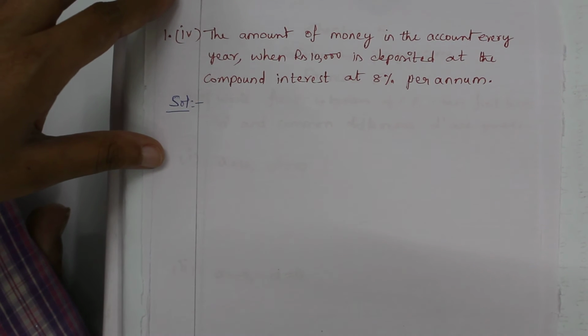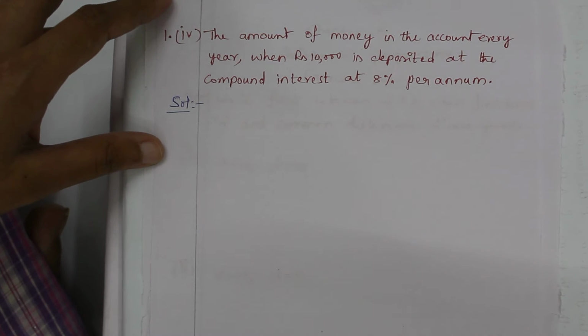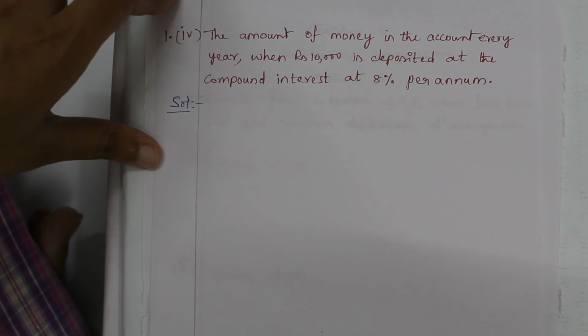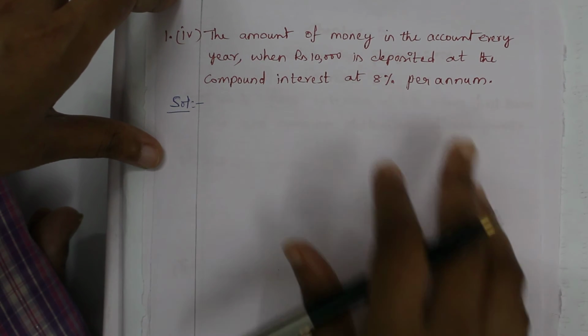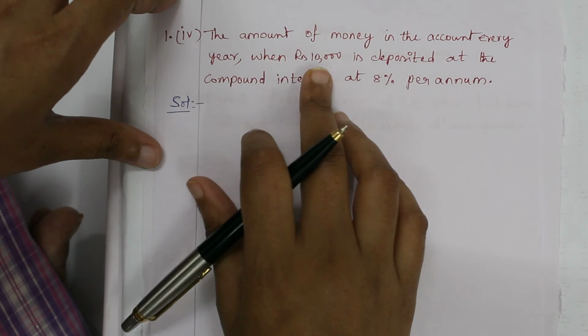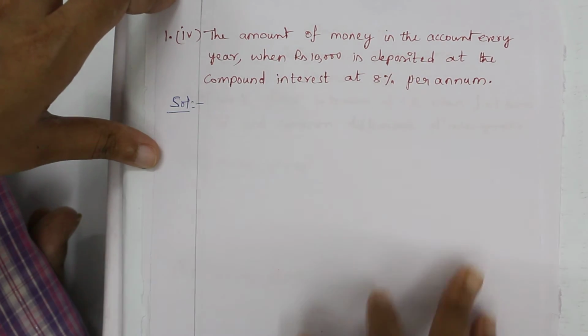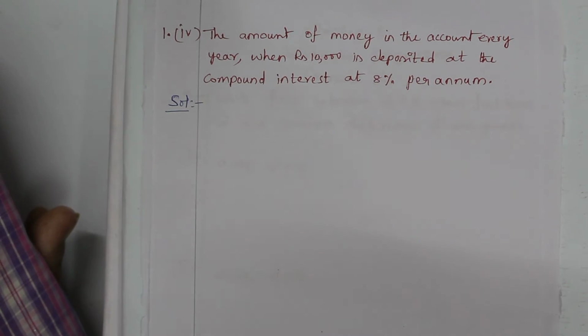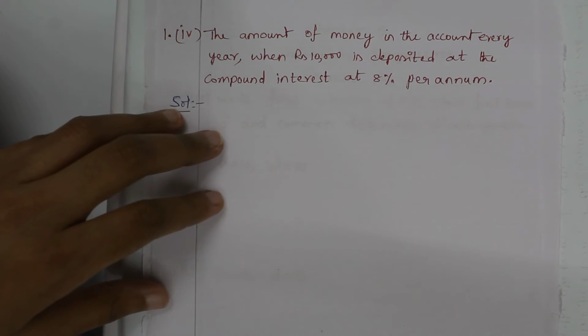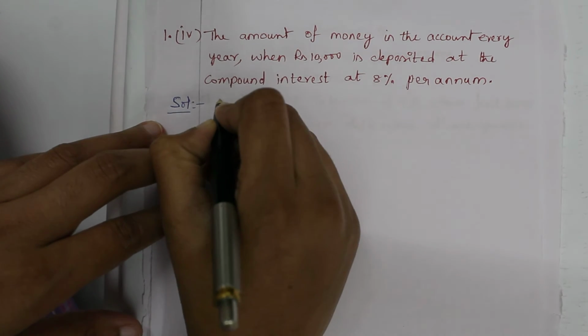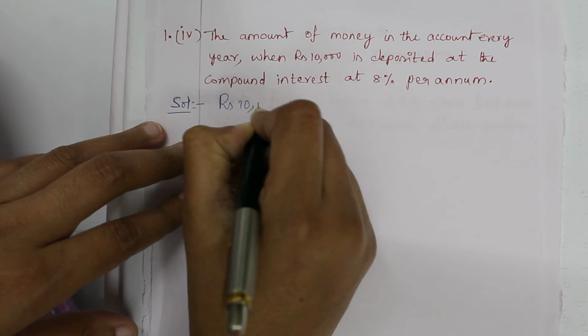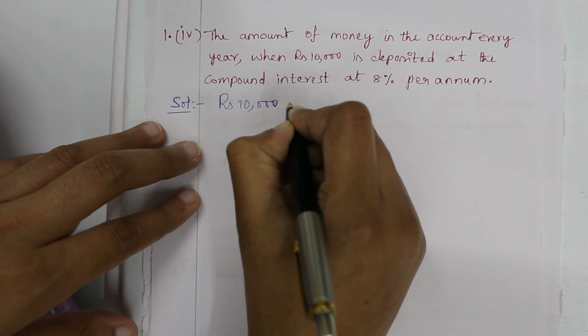Now let's move to the fourth problem, last part in the first question. The amount of money in the account every year when rupees 10,000 is deposited at the compound interest of 8% per annum. So there was rupees 10,000 in the bank account initially, for the first year.